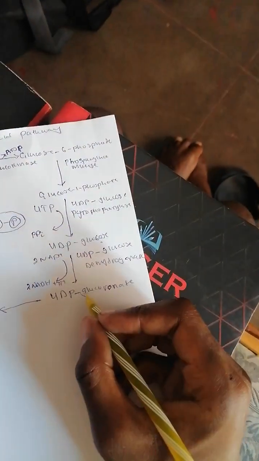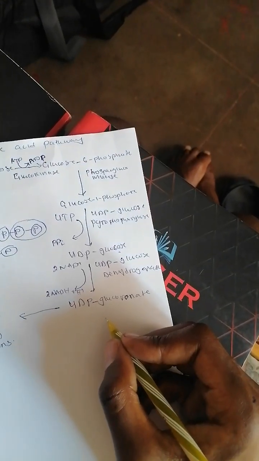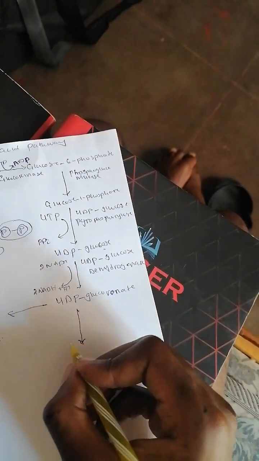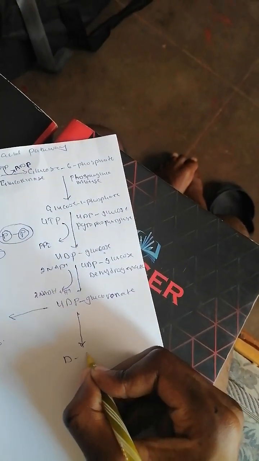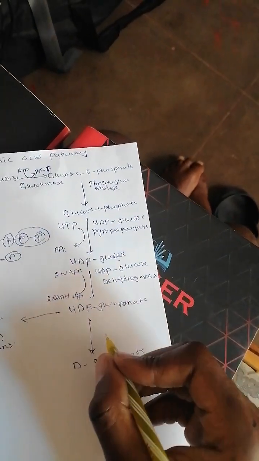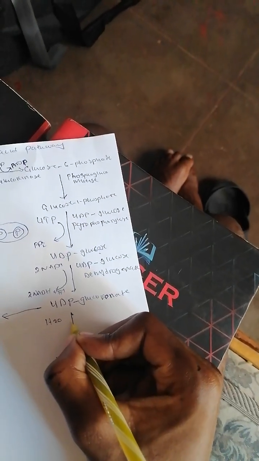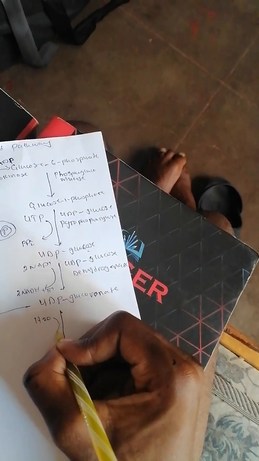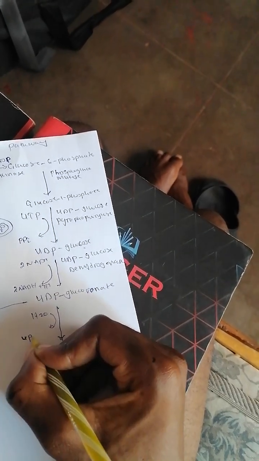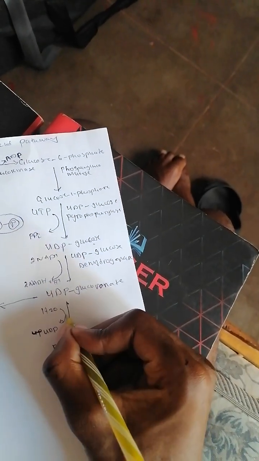Then the UDP glucuronate will be converted to D-glucuronate, where H2O passes and one UDP will be lost.